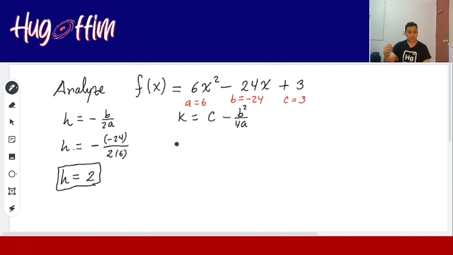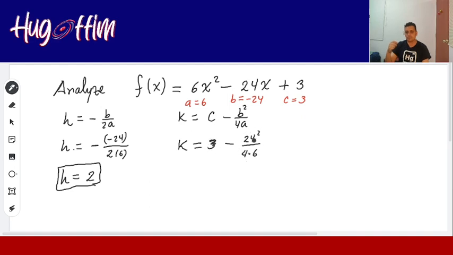And now I'm going to calculate k. So k is going to be equal to c, which is 3, minus b squared, so it's 24 to the second power. I didn't put negative because negative times negative is positive, so it's the same number, over 4 times a, that is 6.